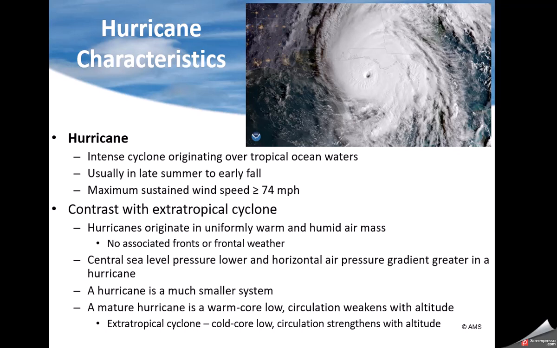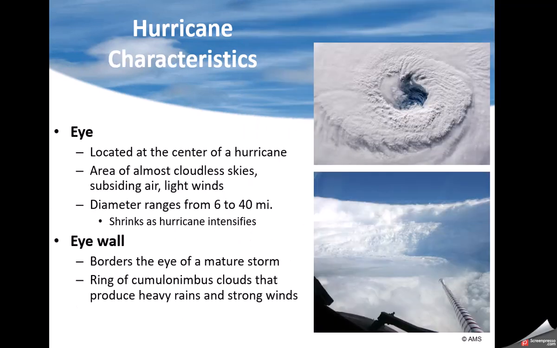They get weaker with height. Hurricanes are typically much smaller systems, where extratropical cyclones can cover thousands of miles sometimes. Hurricanes have been as small as only 100 miles, or maybe even 75 miles across. So, scale differences as well.